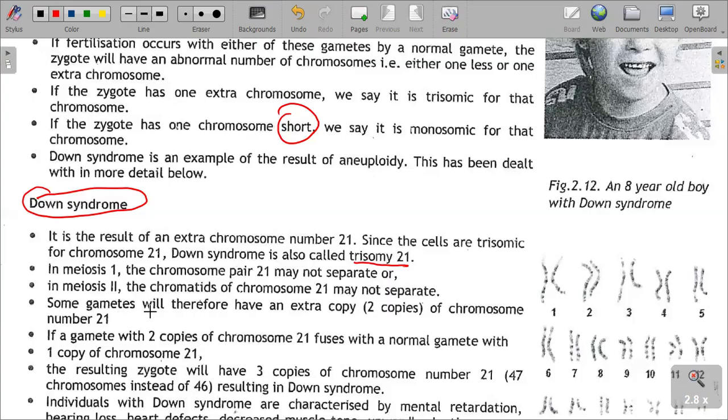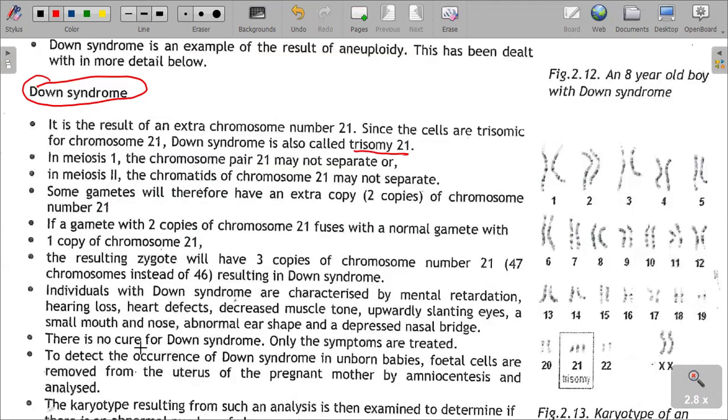If a gamete with 2 copies of chromosome 21 fuses with a normal gamete with 1 copy of chromosome 21, the resulting zygote will have 3 copies of chromosome 21, or we can say 47 chromosomes instead of 46.